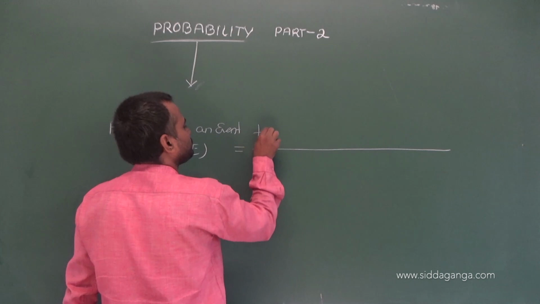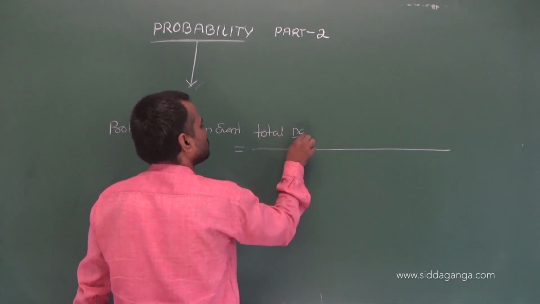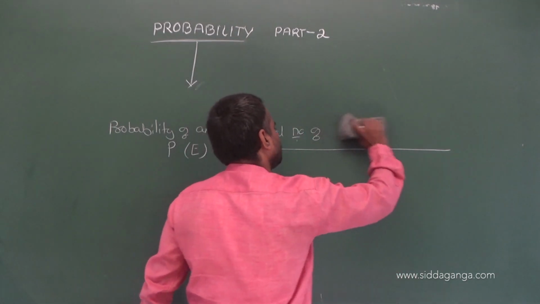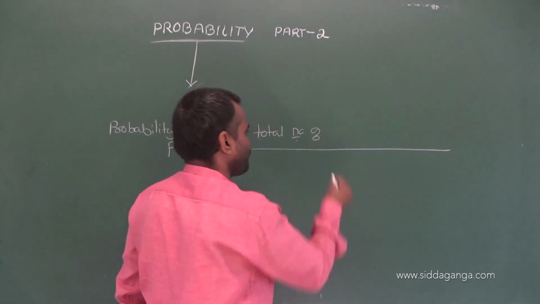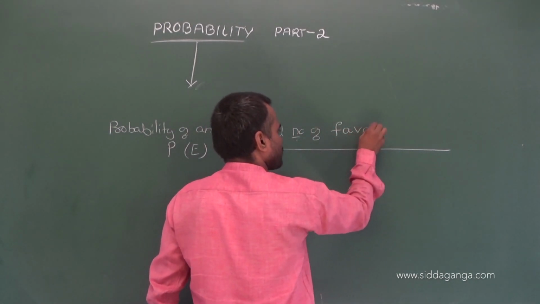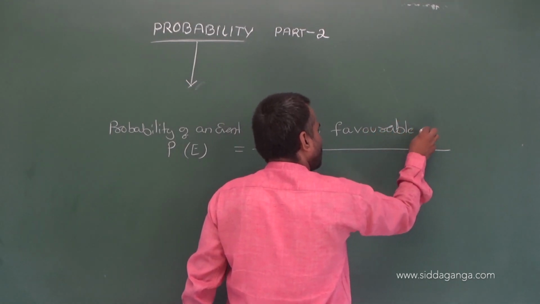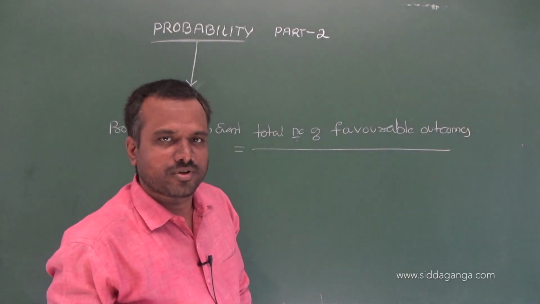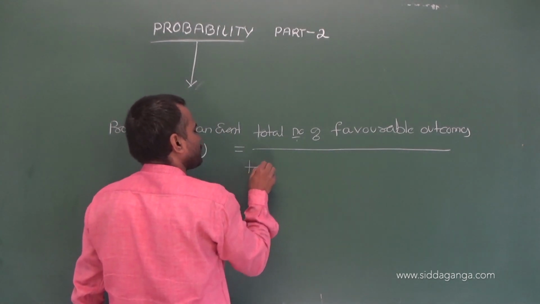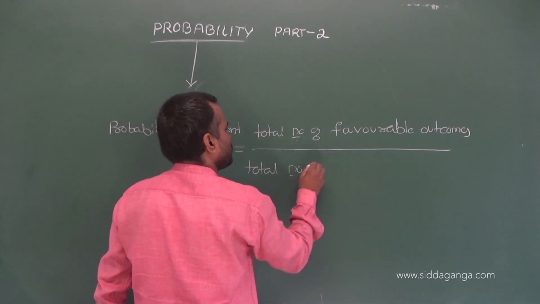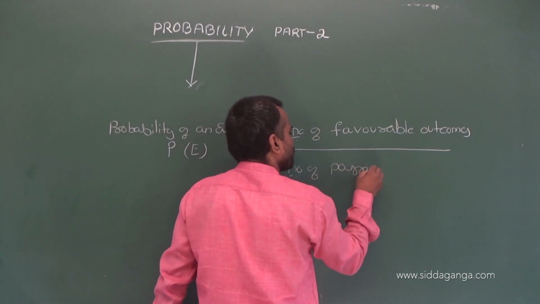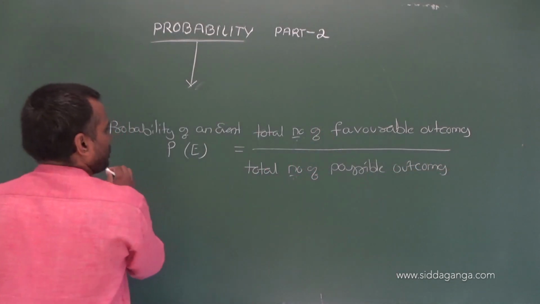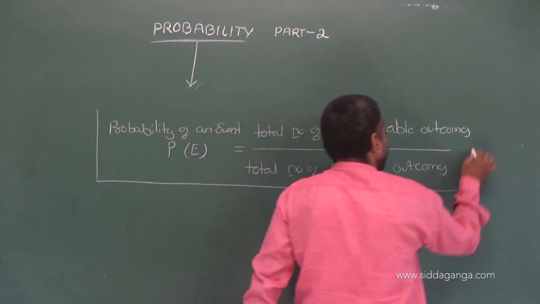total number of favorable outcomes divided by total number of possible outcomes. Very important definition.